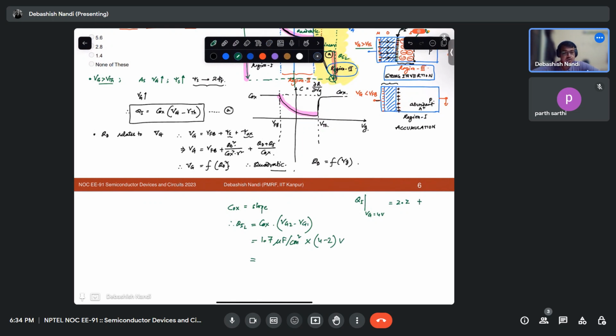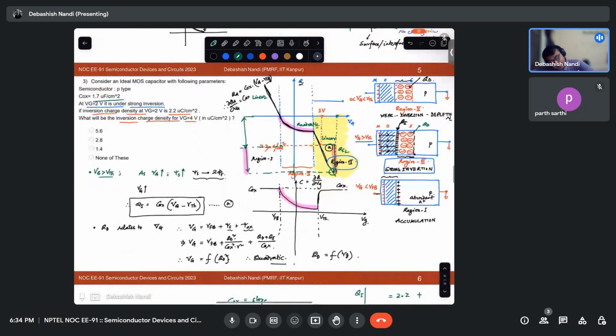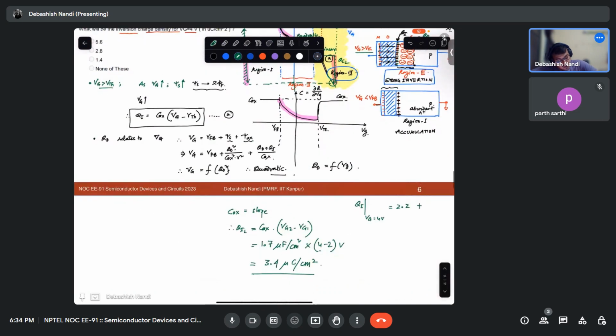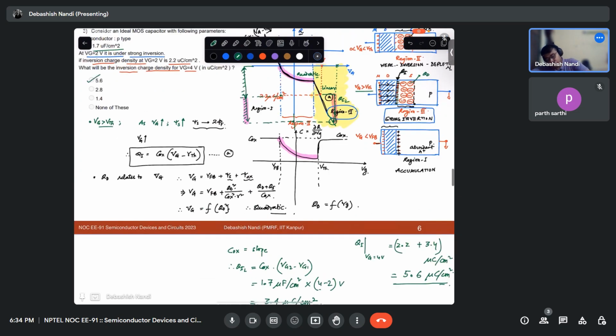So farad times volt will be coulomb. So it will be 3.4 microcoulomb per centimeter square. This height, and we already know this height, that is 2.2. So 3.4 added, how much will it be? It will be 5.6 microcoulomb per centimeter square, right? This will be your right answer.